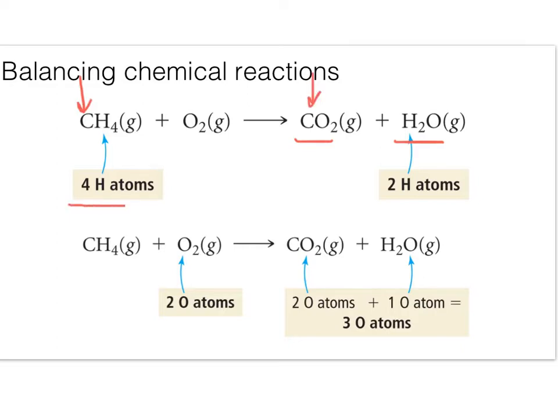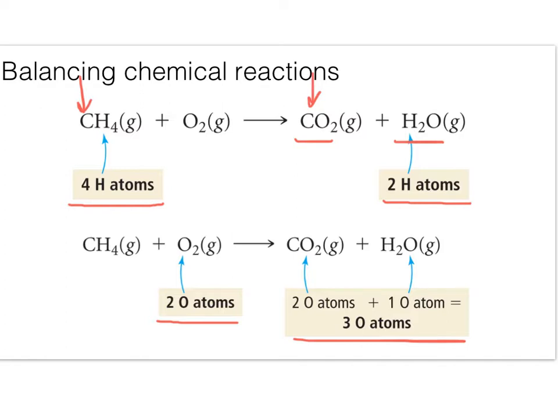If we look here, we have 4 hydrogen atoms, and over here we only have 2 hydrogen atoms, and we can't destroy 2 of the hydrogen atoms, so we know that this is right off the bat unbalanced. Similarly, if we look over here, we only have 2 oxygen atoms on the left-hand side in the starting material, and magically we have 3 oxygen atoms appear in the products, which also is impossible. We can't actually create a new oxygen atom in this reaction.